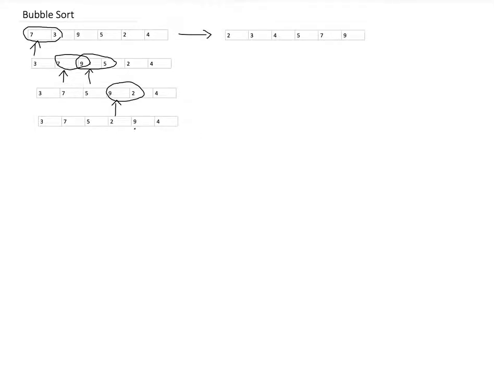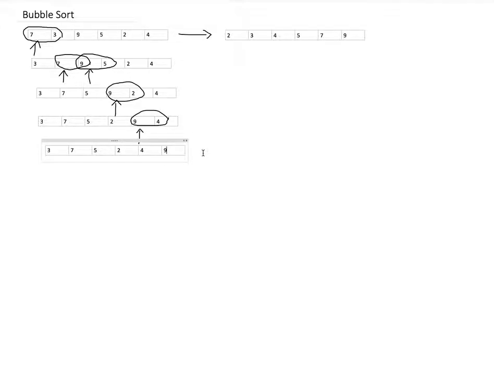We move the pointer to the next location and compare 9 and 4. Since 9 is larger than 4, we have to swap. So we change the list again. So it's going to be 3, 7, 5, 2, 4, 9.